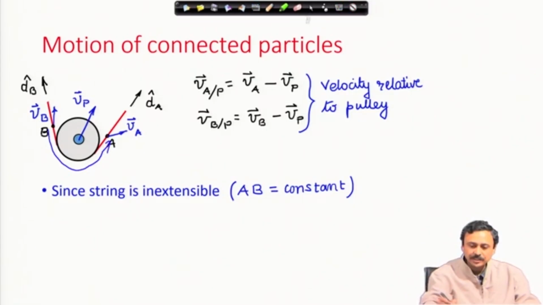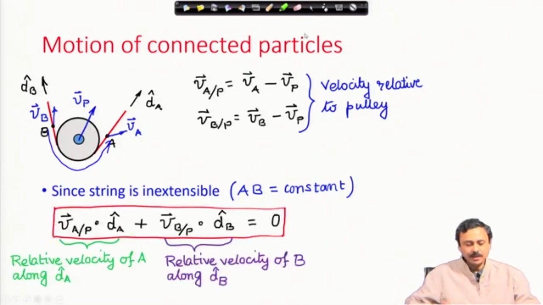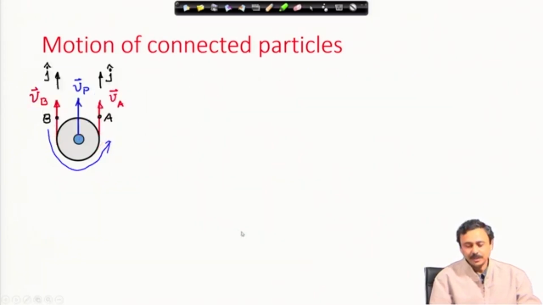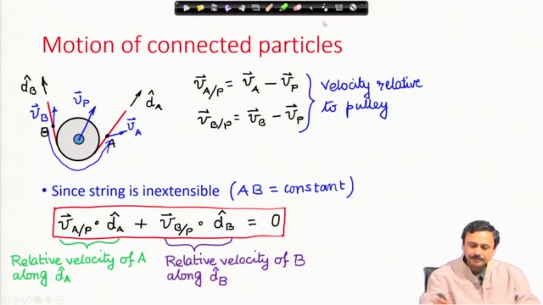And how to represent this in terms of these velocity vectors? We will say that the relative velocity of A with respect to the pulley in the direction dA plus relative velocity of point B with respect to the pulley in the direction dB must sum up to 0.